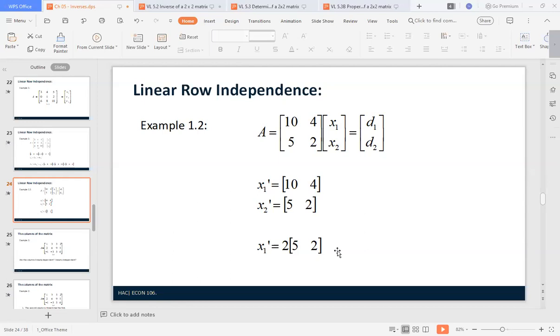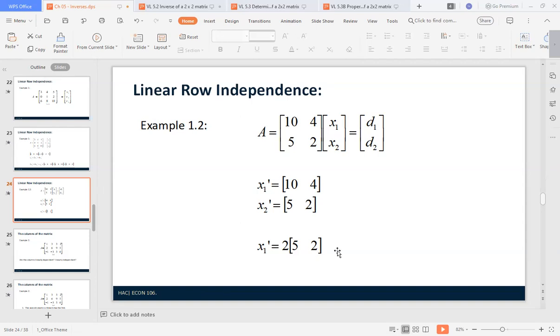And again, what happens with our earlier discussion? What happens when vectors of the coefficient matrix are linearly dependent? You will either get no solution or you get an infinite number of solutions. Again, when our equations are linearly dependent, class, either you get a solution or you do not get a solution at all.